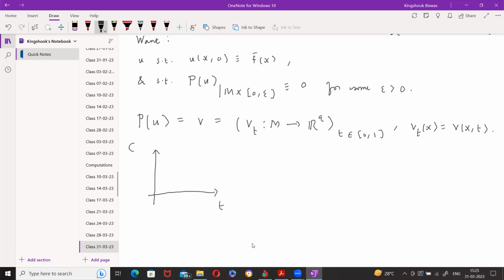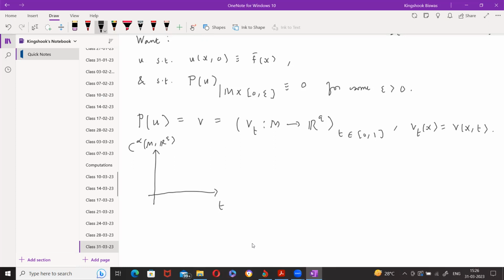So this is C alpha of M, RQ. Let me draw it like this. So what I want is something which is identically 0, right?